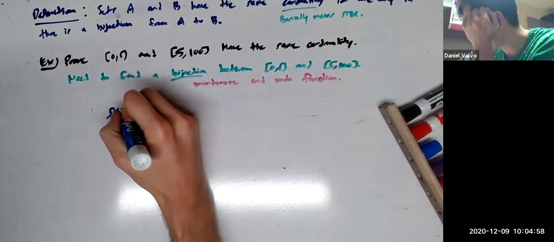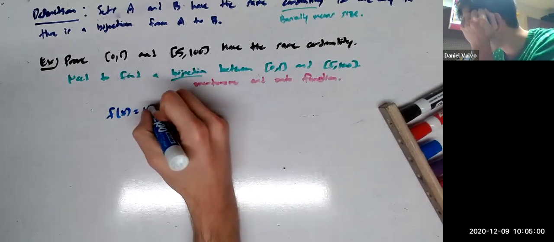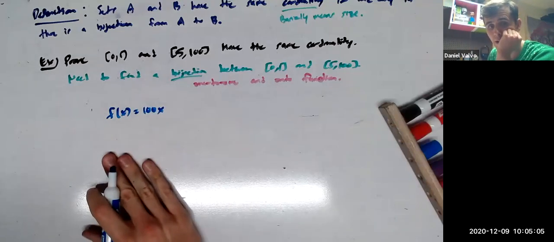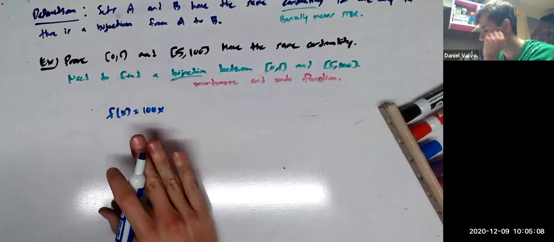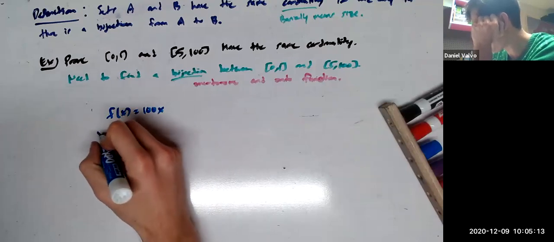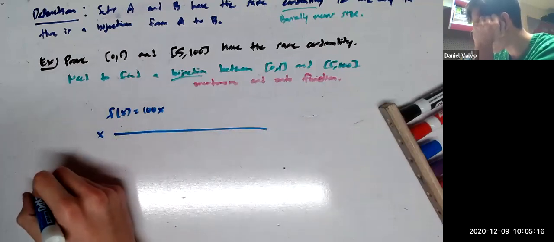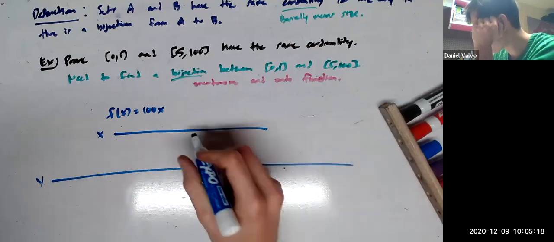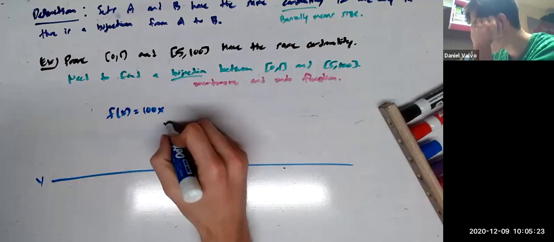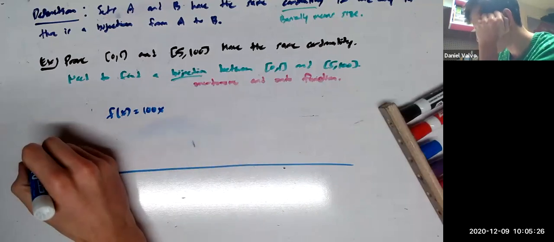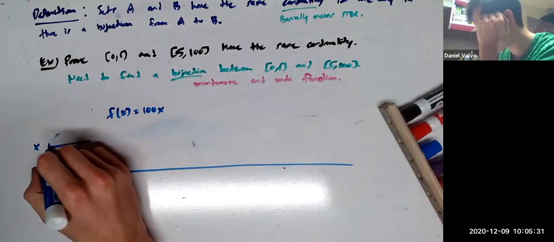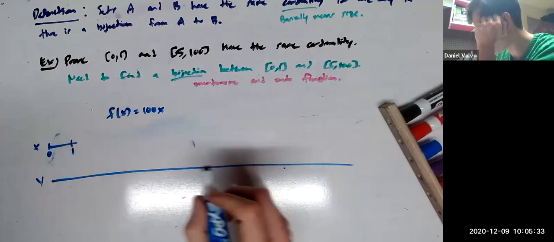If f of x were to equal 100x, that was the function we're trying to make work as a bijection, notice that if we look at x here, and then we look at y, the outputs, we have x going from 0 to 1.